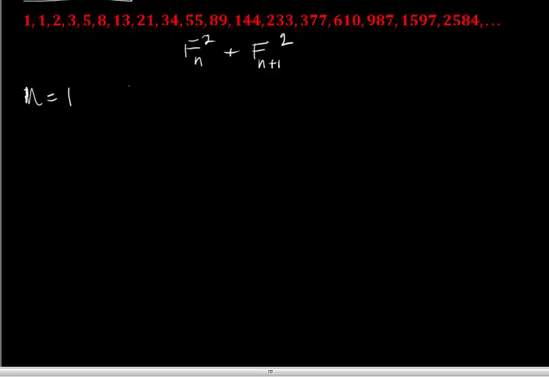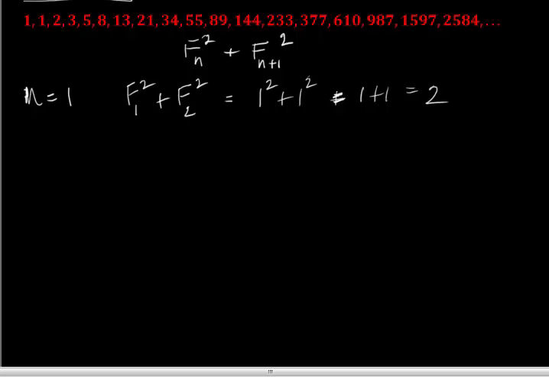If n is 1, then what we want is f1 squared plus f sub 2 squared, right? If n is 1, then n plus 1 is 2. And looking at our list here, we see that the first Fibonacci is 1. The second Fibonacci is also 1. So the sum of squares is 1 plus 1, or 2. All right, well, that's what we got.